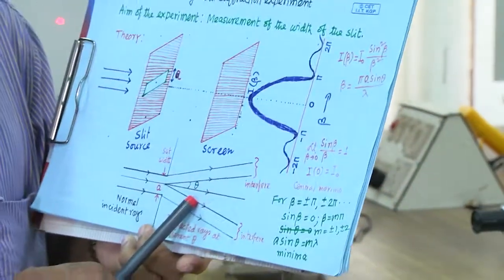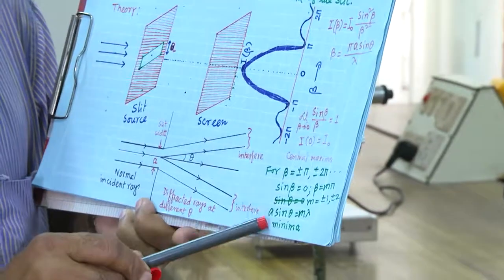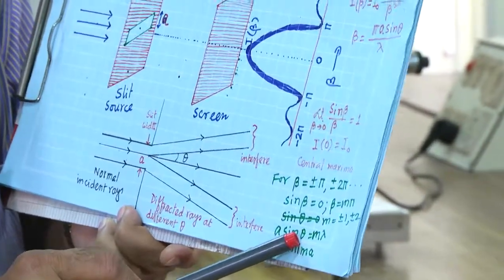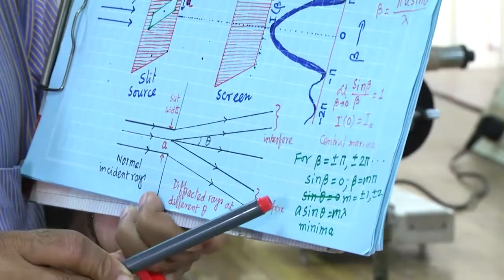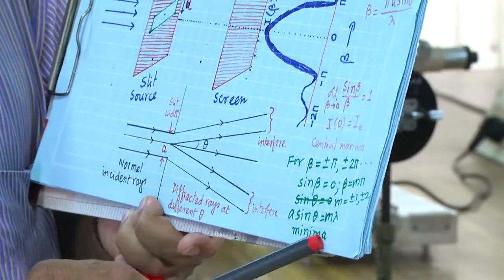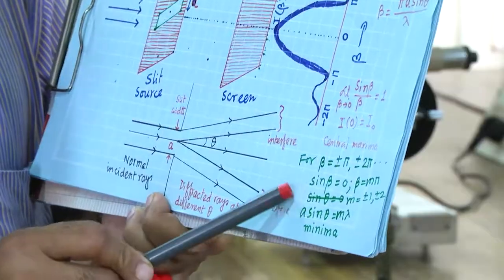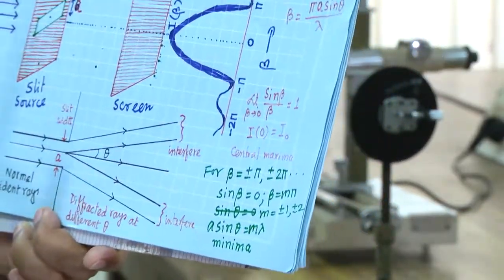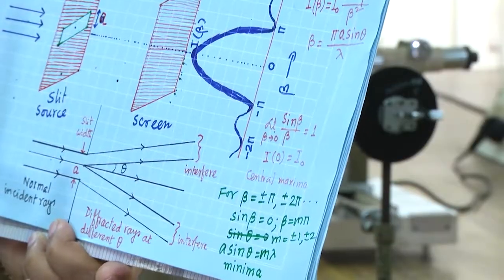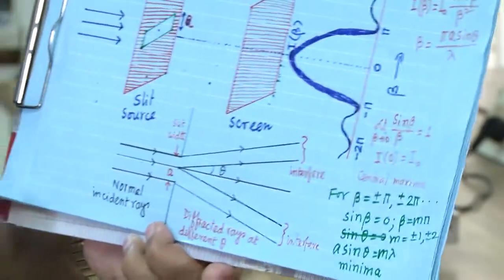Then if we measure theta for different orders, we will get a for different orders, and then we take the average of that, which will be the width of the single slit.